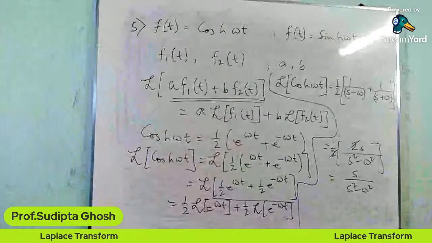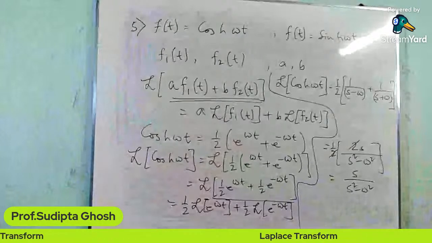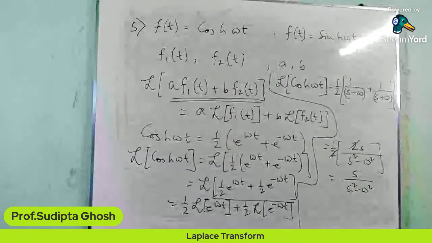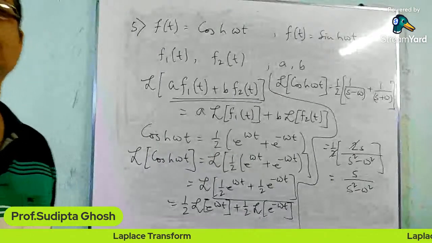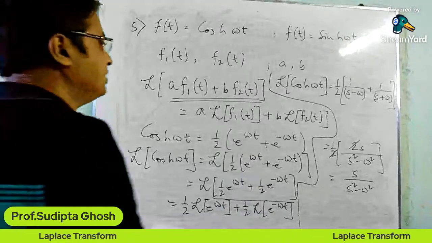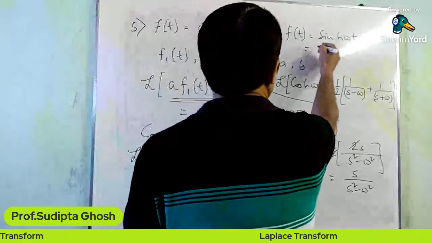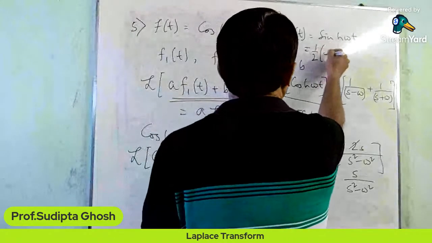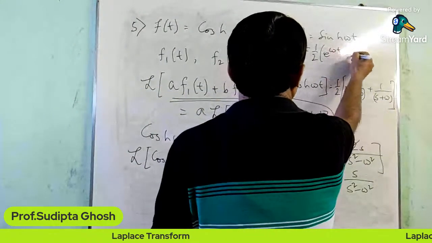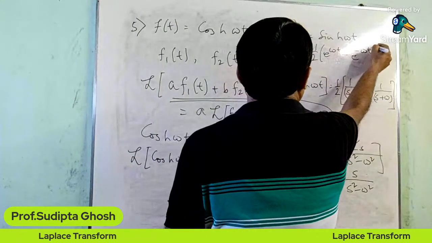The sine hyperbolic function can be written as half of e to the power omega t minus e to the power minus of omega t.